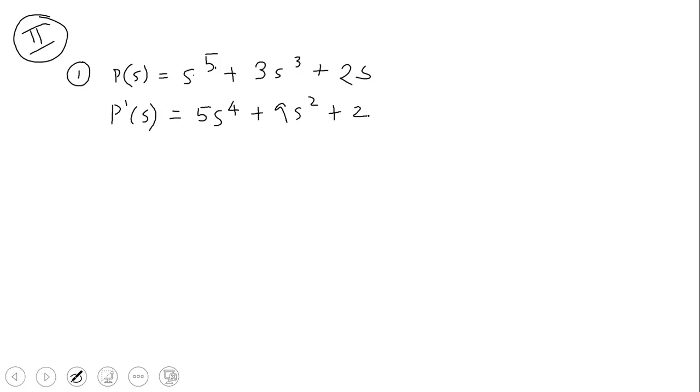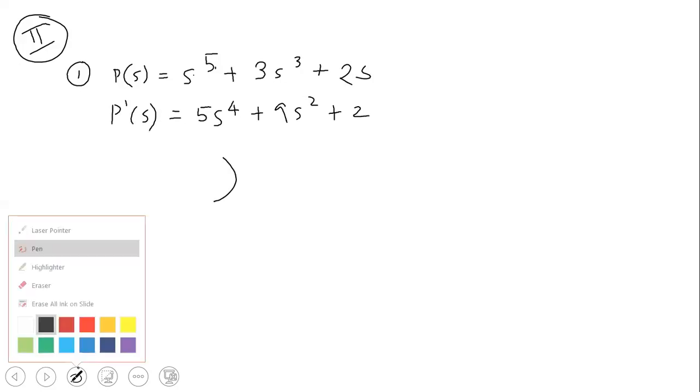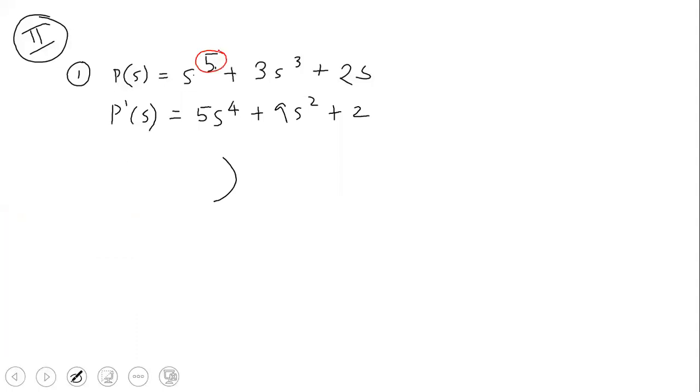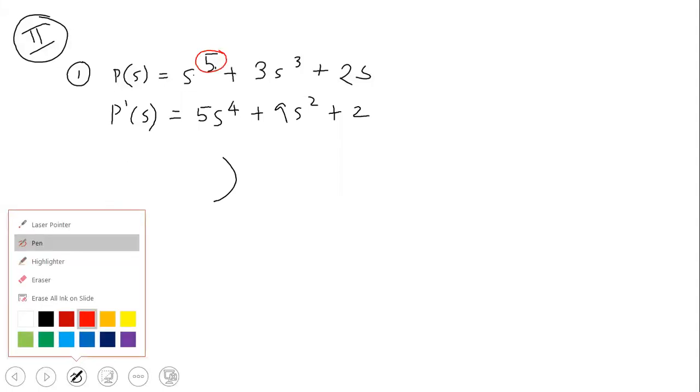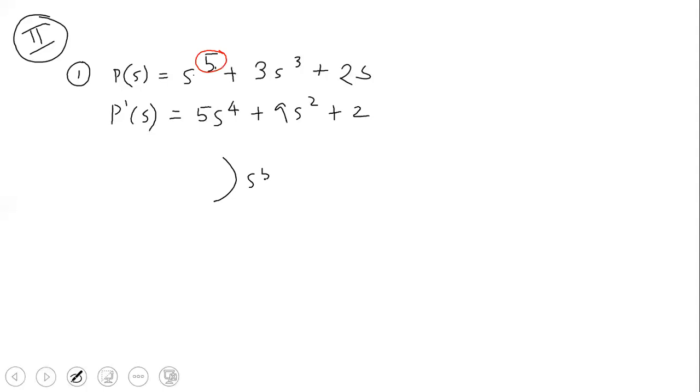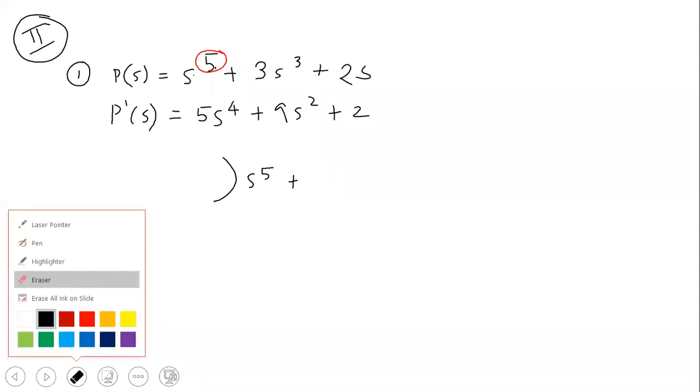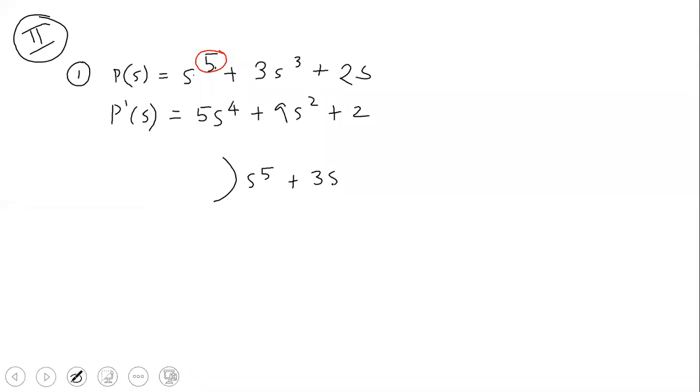Therefore, we have to now divide it. Whichever is the higher power comes inside. So we will write S raised to 5 plus 3S cube plus 2S inside, and we will divide it by 5S raised to 4 plus 9S square plus 2.